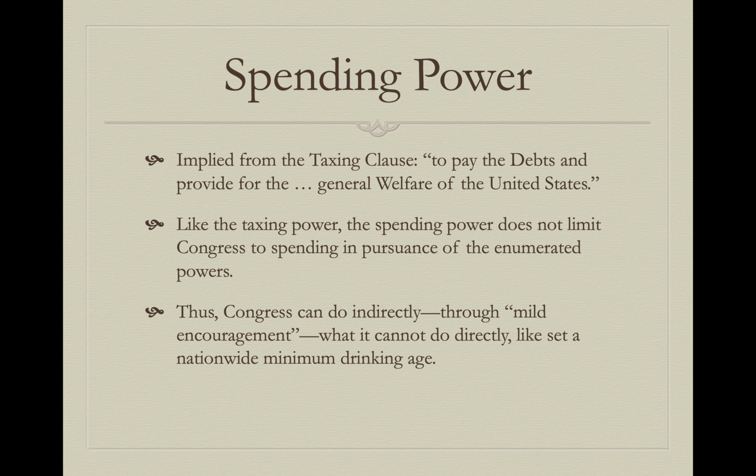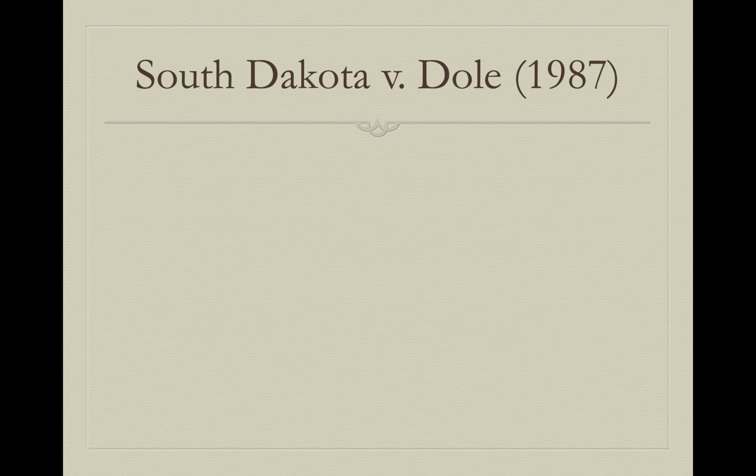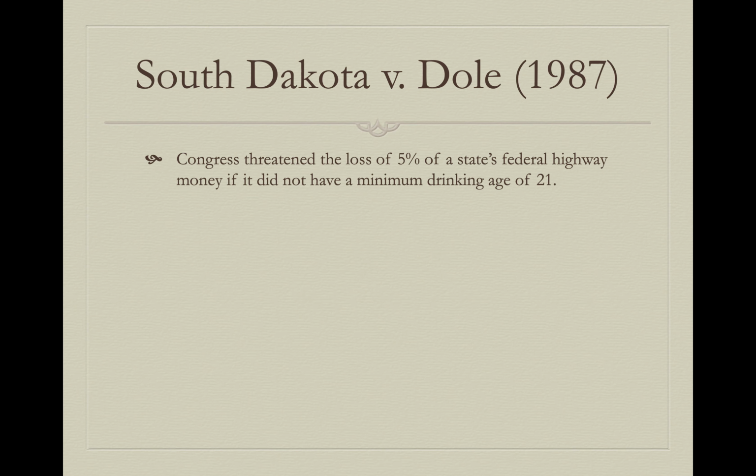And that will be the next case, South Dakota versus Dole. So we have this case where Congress, in the Highway Act, threatens states with the loss of 5% of their federal highway funds if they do not pass a minimum drinking age of 21.